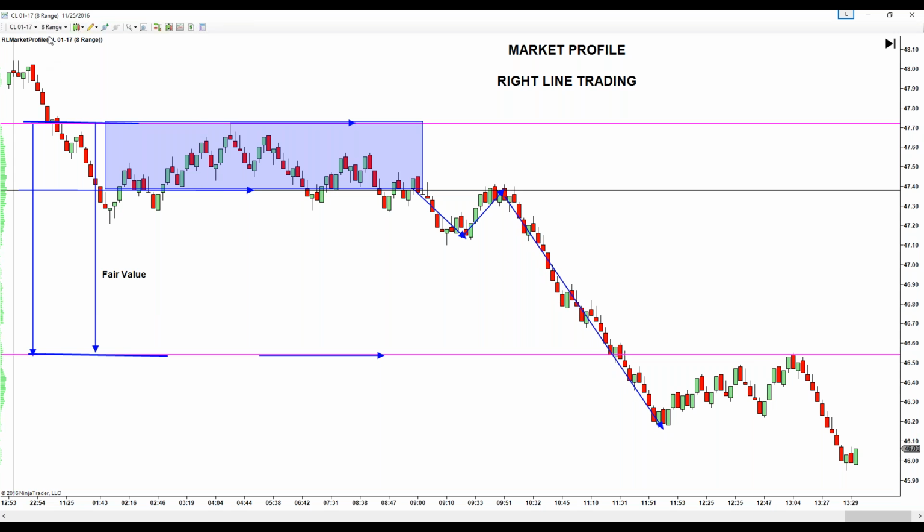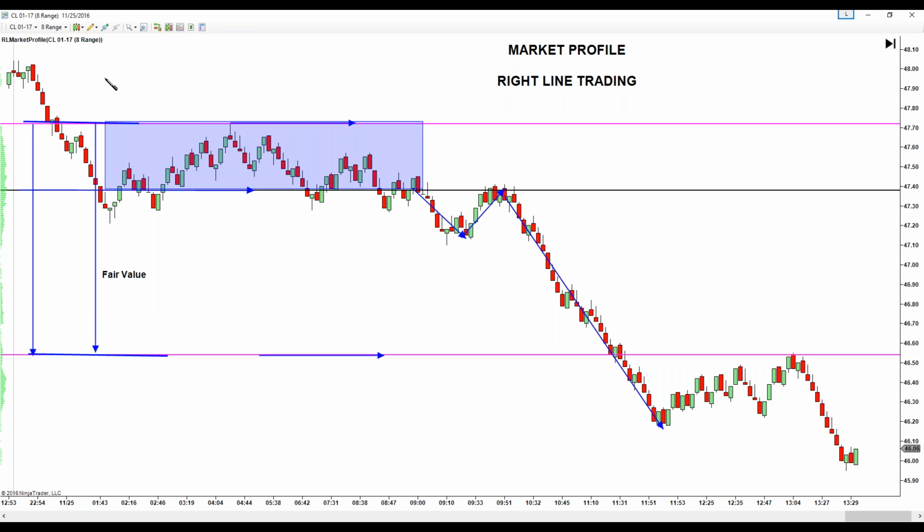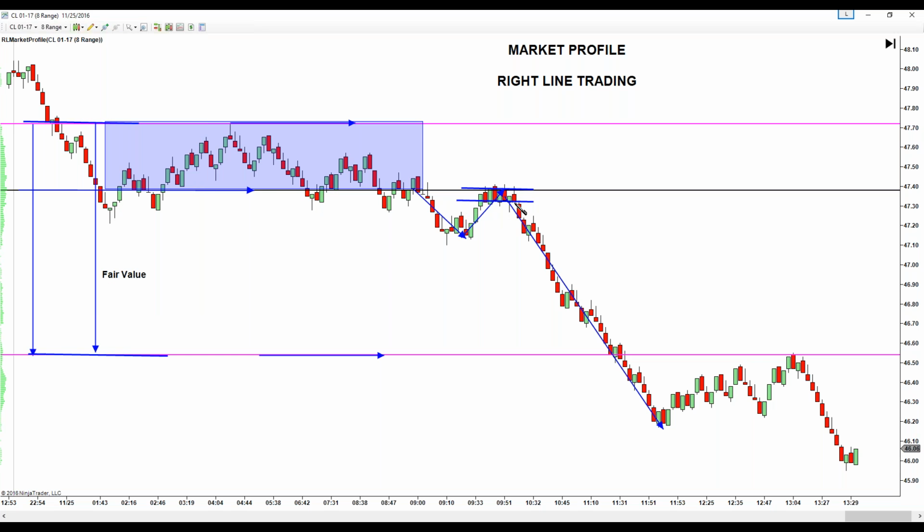You can also look at this as an area of consolidation right below the point of control, with the point of control acting as upside resistance, and you're most likely to get a breakout of this area of consolidation to the downside to catch a really, really nice winner.